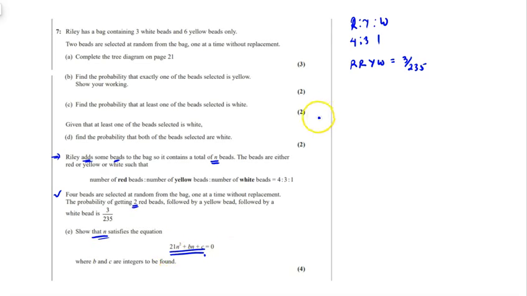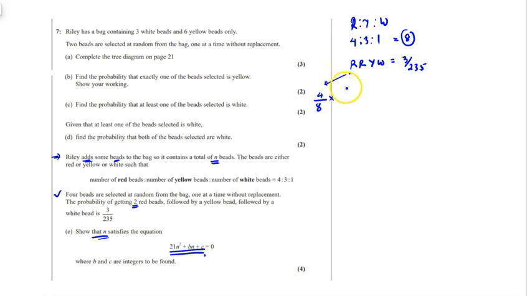Now, all we're going to ask ourselves is, what's the probability of choosing a red in the first trial? It is 4 out of 8, because there are 4 reds and when you add up the ratio, you end up with 8 as the total. So it's 4 to 8, which is a half. Then what's the probability of choosing a red next?